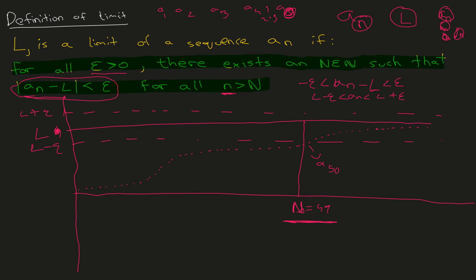So for n greater than 50, a_n minus L is less than epsilon. That means for all the terms in the sequence, the distance between this term, for example term 51, and L is less than epsilon. Epsilon is just an arbitrary number.